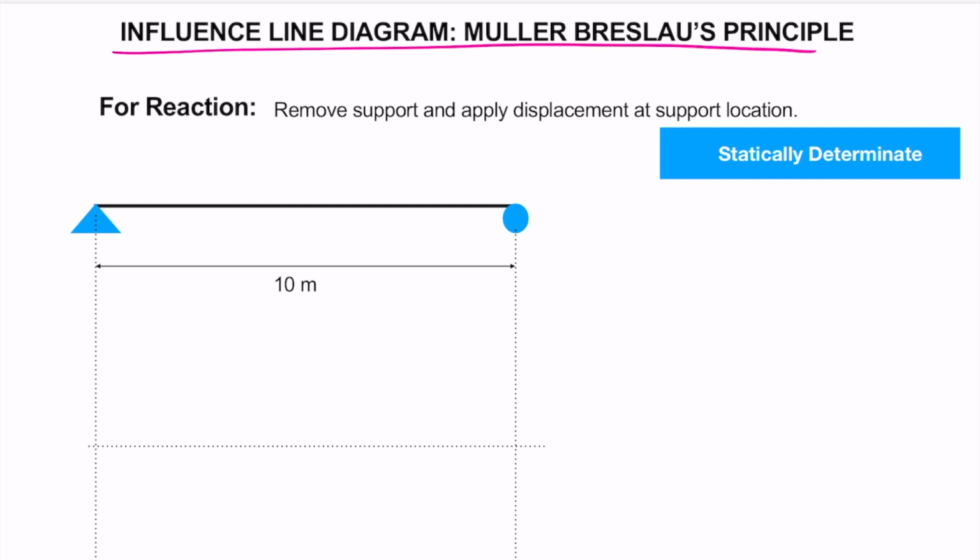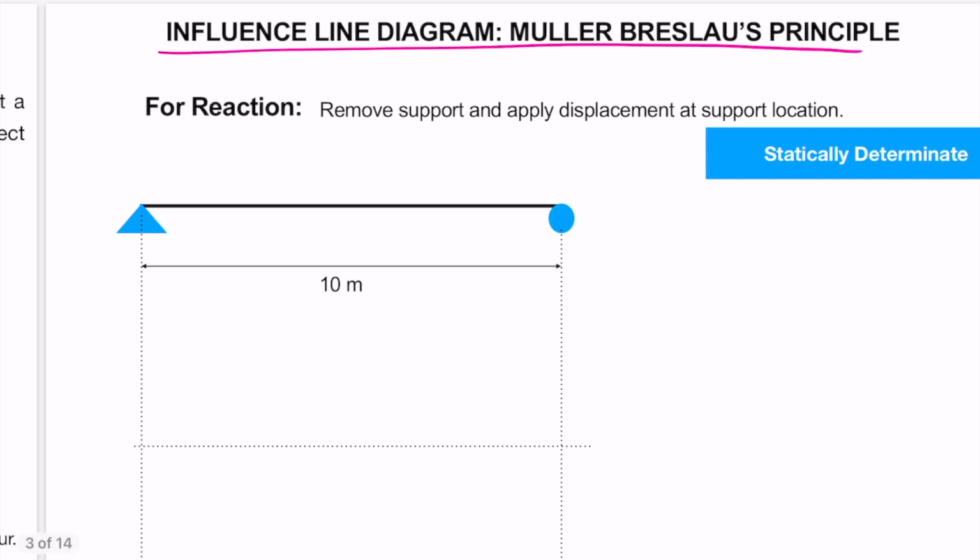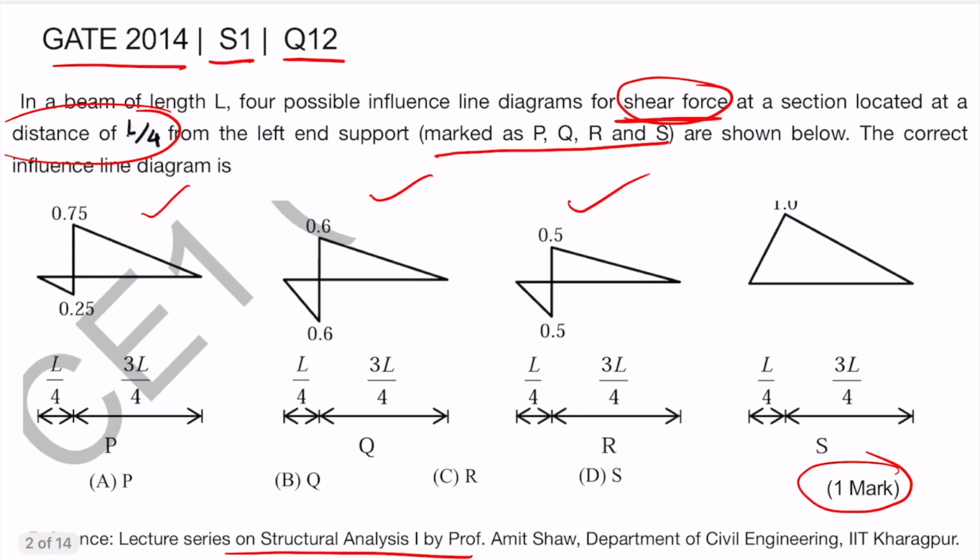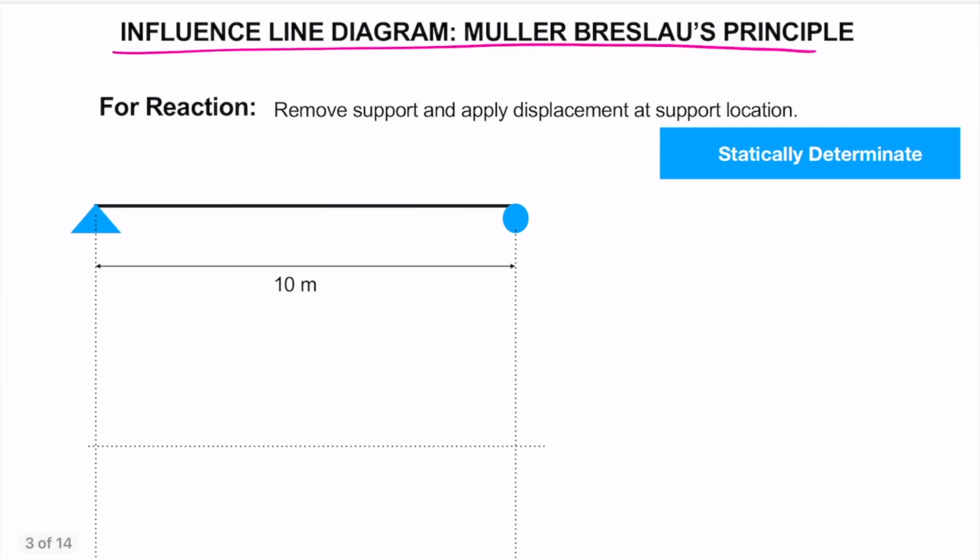Although for this particular problem they only asked us to find the ILD for shear force, I'll discuss here how to make the ILD for reaction, for shear force, and also for bending moment for a statically determinate beam. Please note that ILD for statically indeterminate beams is a little bit different from determinate beams, so I'll discuss only determinate beams here.